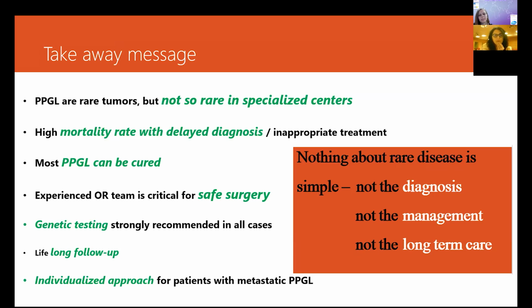An experienced operating team is critical for safe surgery. Genetic testing is strongly recommended in all cases, and lifelong follow-up is warranted. And of course, an individualized approach for patients with metastatic PPGL is needed.